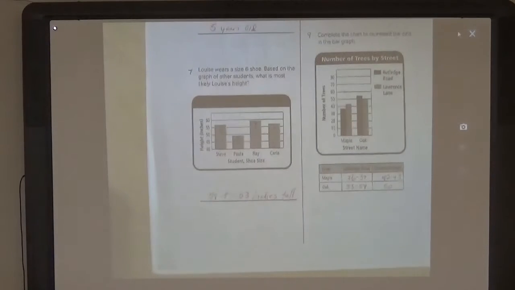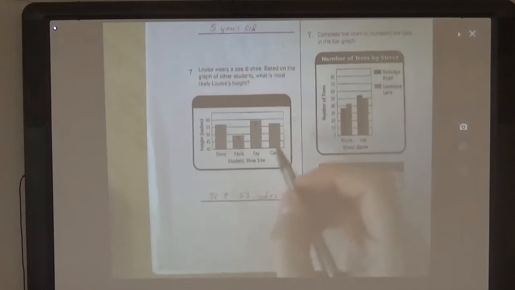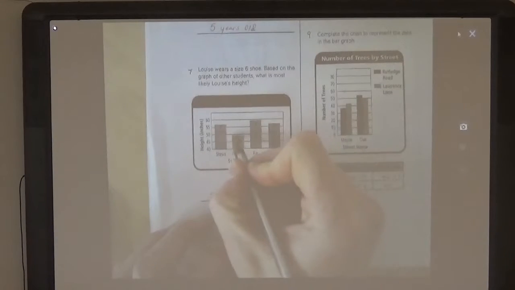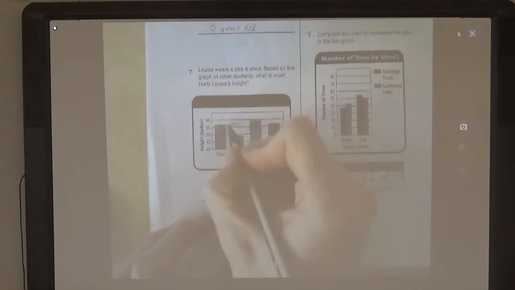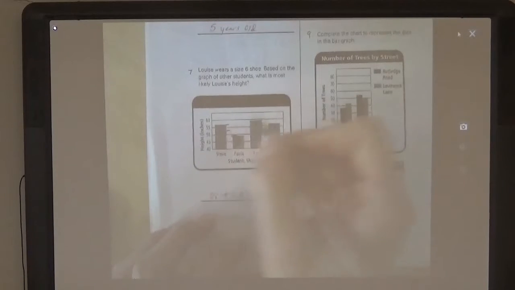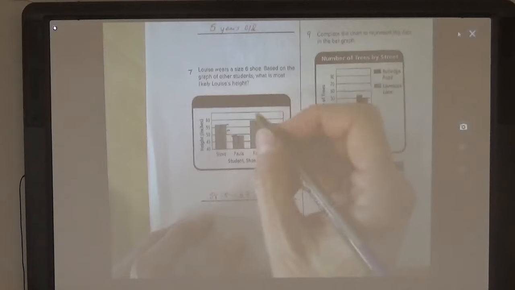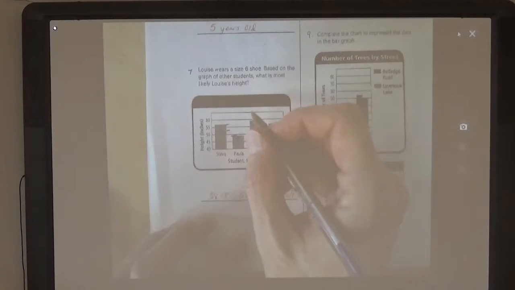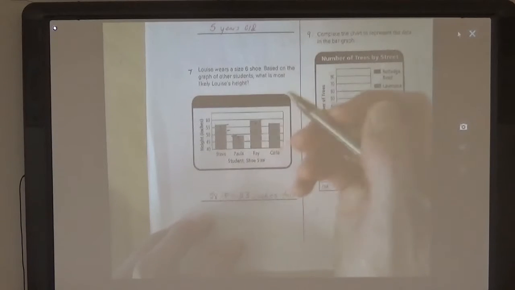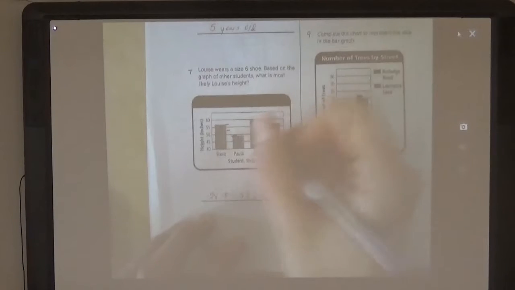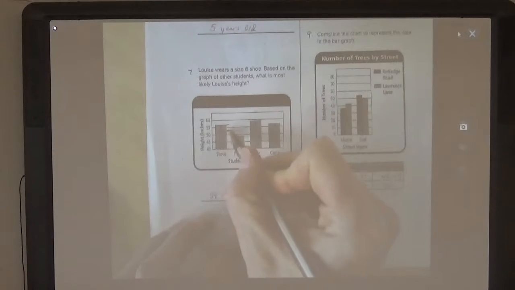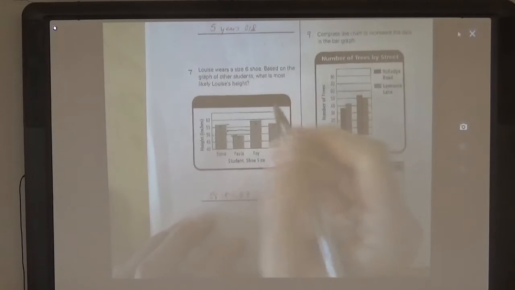Size 6 shoe. Then they list. So between 5 and 7 would be size 6, right? Halfway between 5 and 7. So you're looking for something that is halfway between 5 and 7.